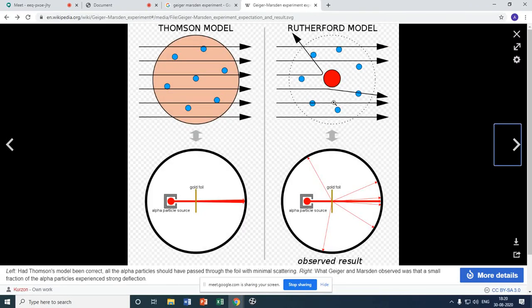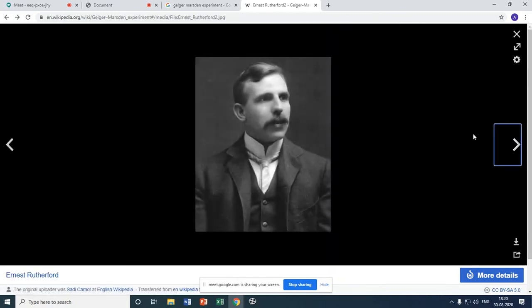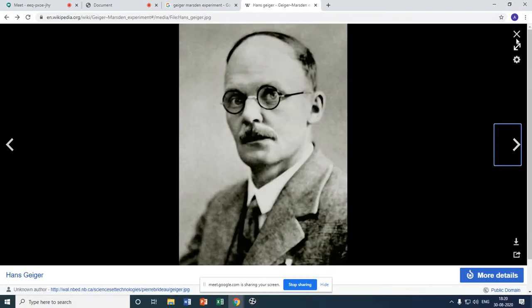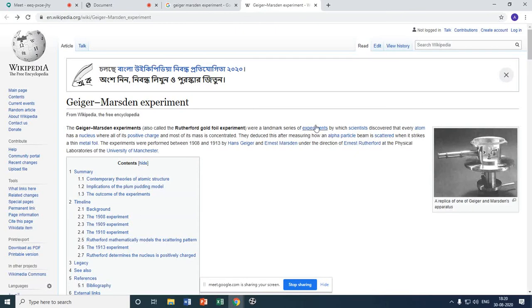That is the gold foil, the alpha particle source, and you can see it getting scattered in different directions. So this was their experiment, also called the Rutherford gold foil experiment, a landmark series of experiments.